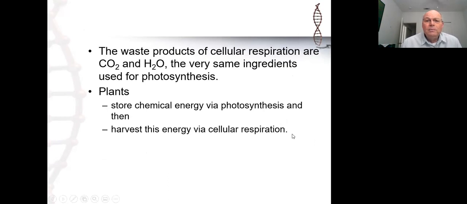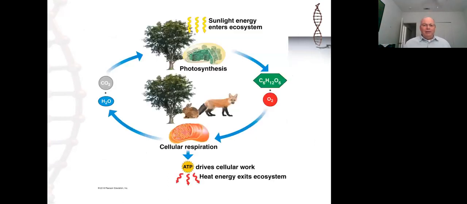And so this diagram kind of summarizes everything that I've been talking about, everything that you really need to know about this chemical recycling. So the first thing to recognize is that energy is never recycled. The laws of thermodynamics that we discussed in a previous chapter do not allow for that. So we can't recycle energy. So energy passes through in a linear fashion.